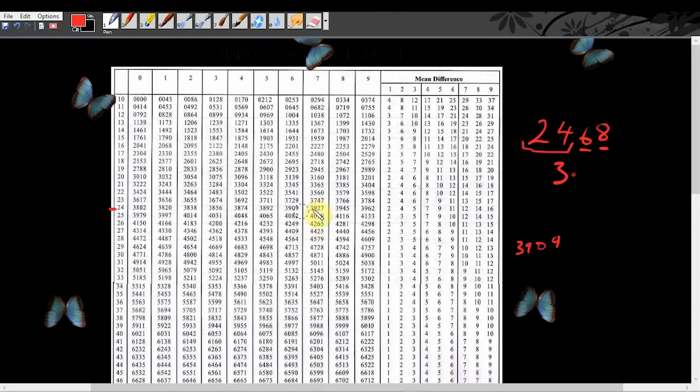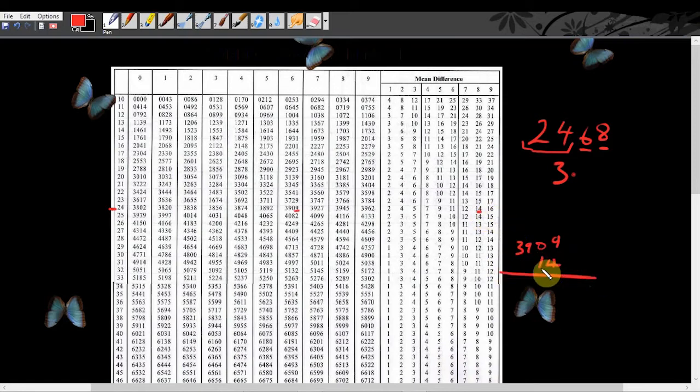Okay, go back to that place. This is the 3909. Look for what the difference is. The difference will be under 8. Go to the difference column, then to the column of 8. You see, we are having here 14. Write it under this now, 14.